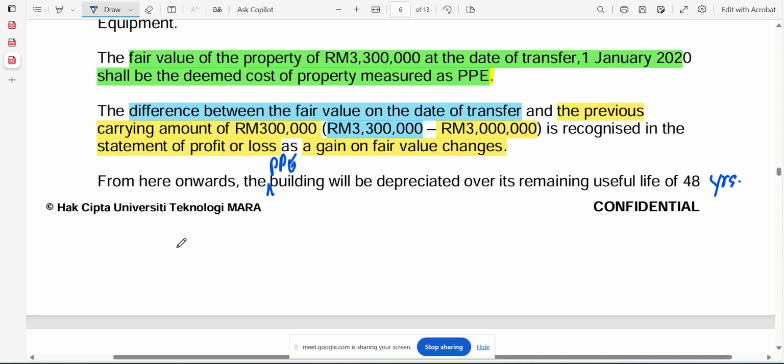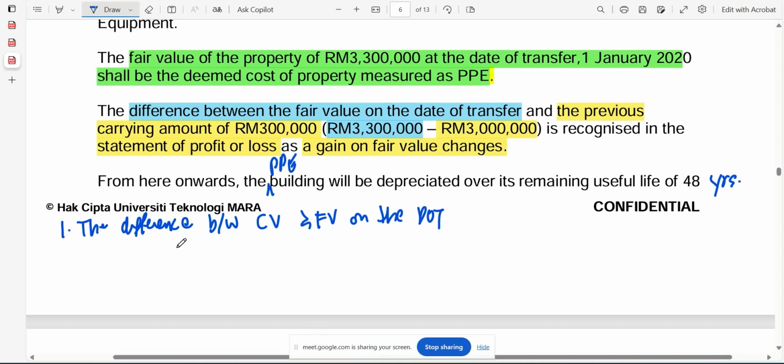So number one, you need to record what happened on the day of transfer. Number one is to record the journal entry for the difference between the carrying value and fair value on the date of transfer.